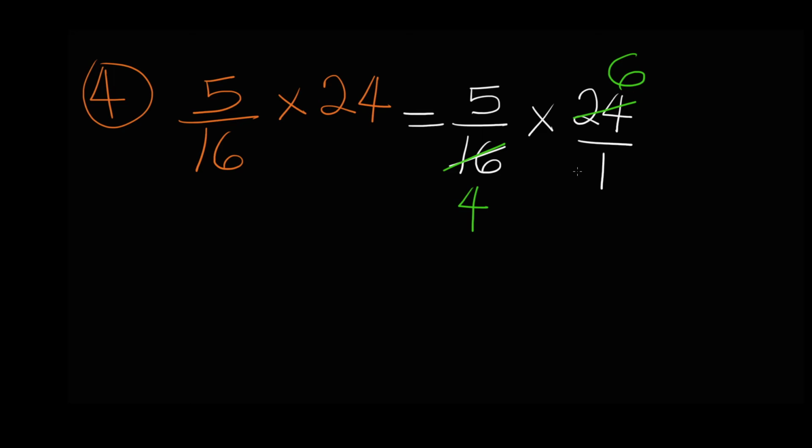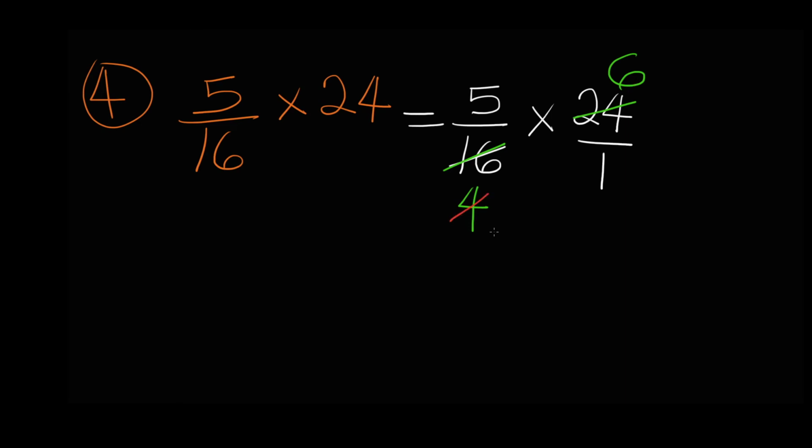If you also take a look at this, you realize that something can still divide. This is 4. This is 6. 2 is still a common factor, right? 2 is a common factor of 4 and 6.